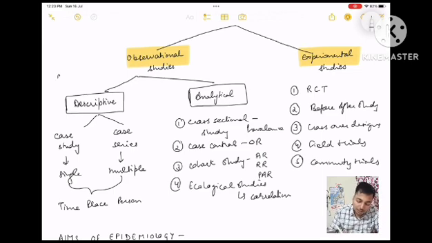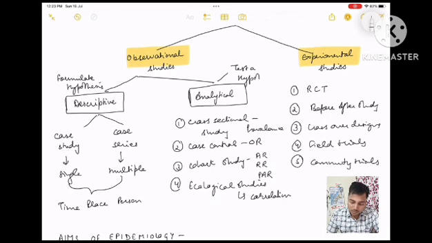Basically, in descriptive studies, what we do is formulate a hypothesis. Now what is a hypothesis? We'll be discussing it in upcoming videos. For now, you should only know that descriptive studies are used to formulate a hypothesis, whereas analytical studies are used to test a hypothesis.